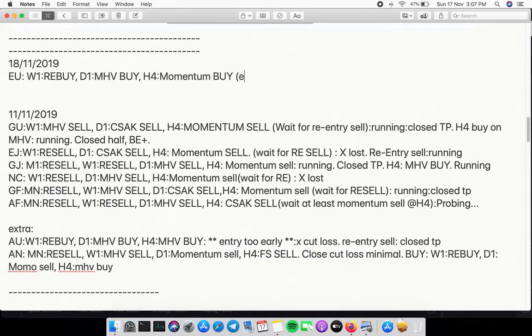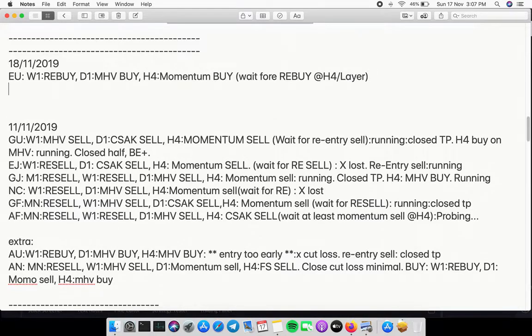So we wait for a re-entry buy at H4, or you can layer, if your account is big enough, you can put slightly tight layers, but for me usually I like to put 5 to 10 pips each layer. Okay, so that's Euro USD.